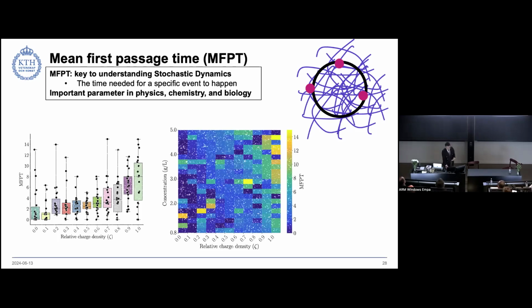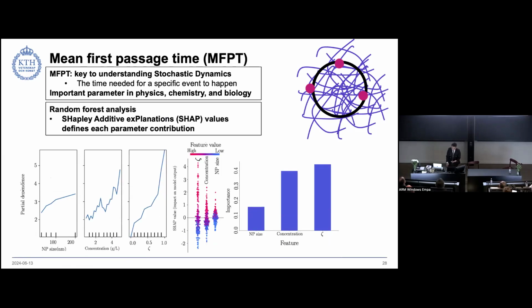So what we did was to do some random forest model analysis to see what is the contribution of each parameter: size, charge, or concentration. What we found is on this right box plot, where we can see the importance of the features that we have. As you can see here, charge is almost as important as concentration, or even more than that.